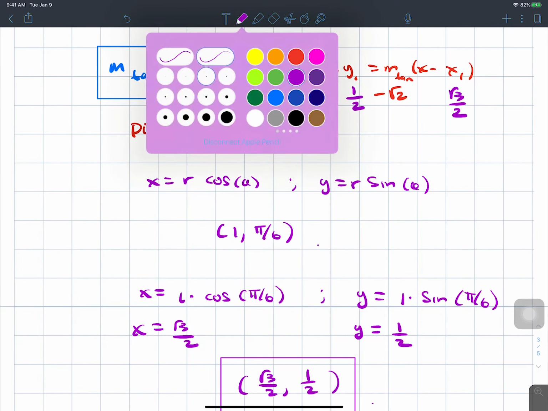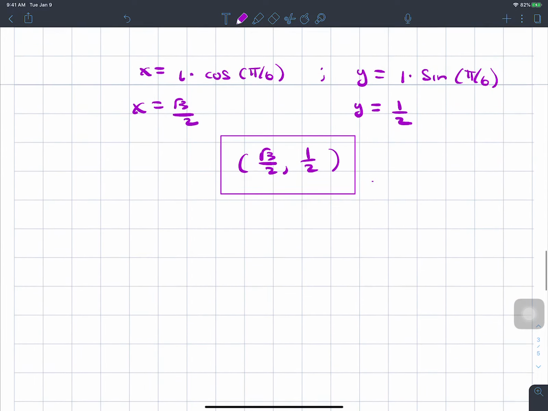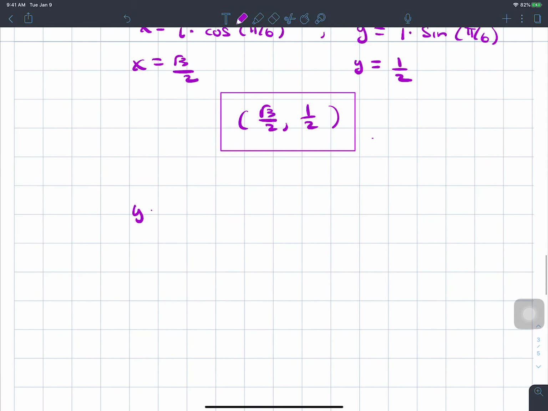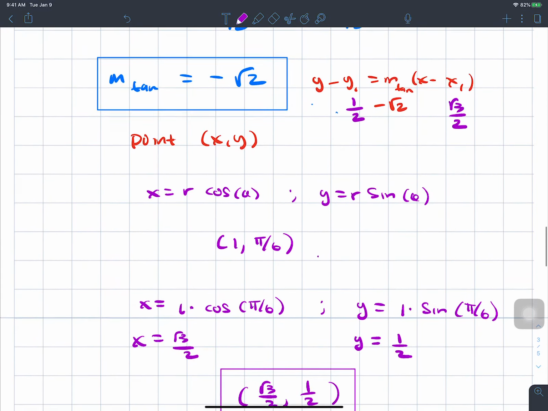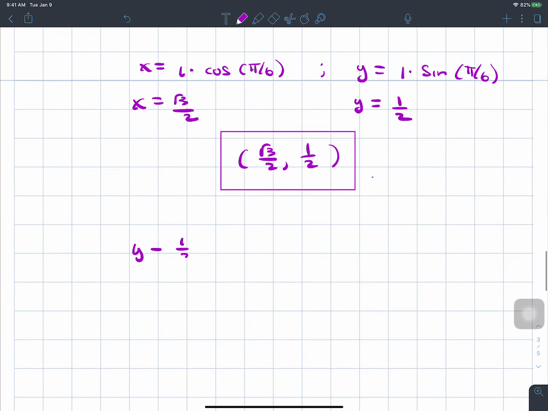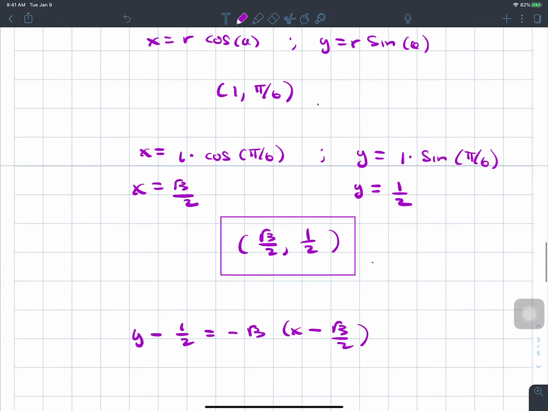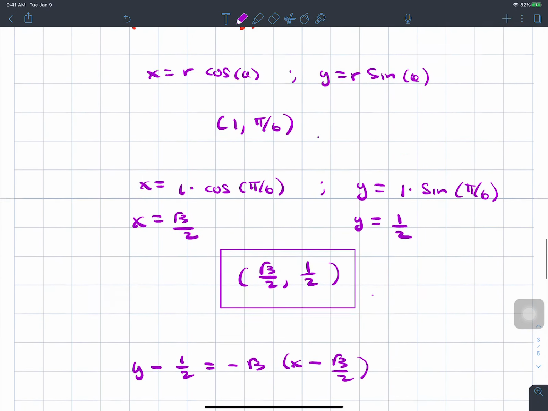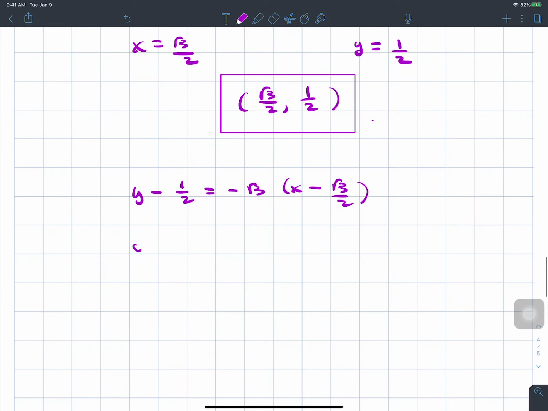So I'm going over these kind of details because, in the last test, some people made some mistakes with this. So y minus 1/2 is minus square root of 3 times x minus square root of 3 over 2. Let's double check. Yeah, and the rest is algebra.